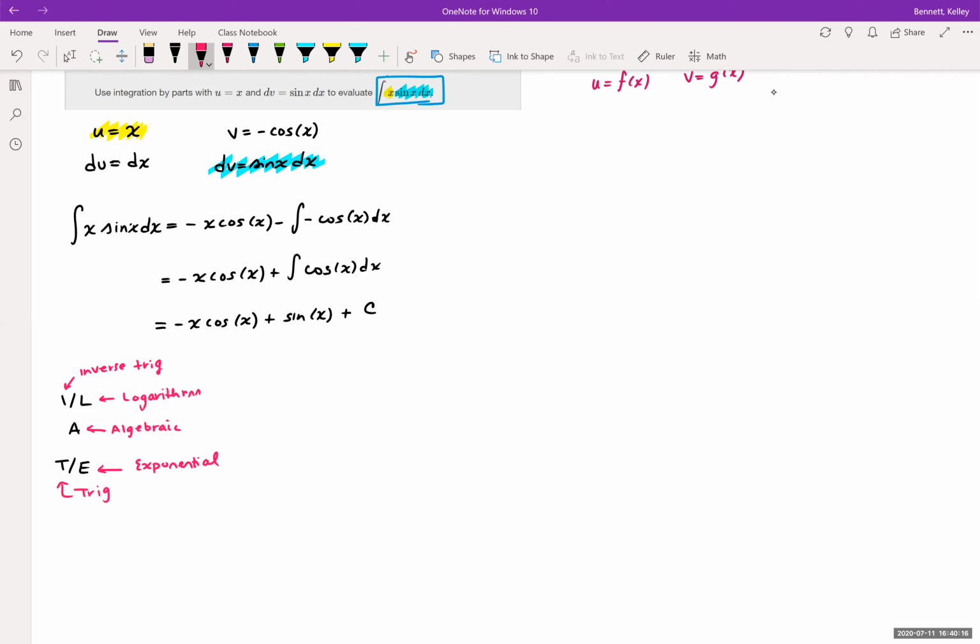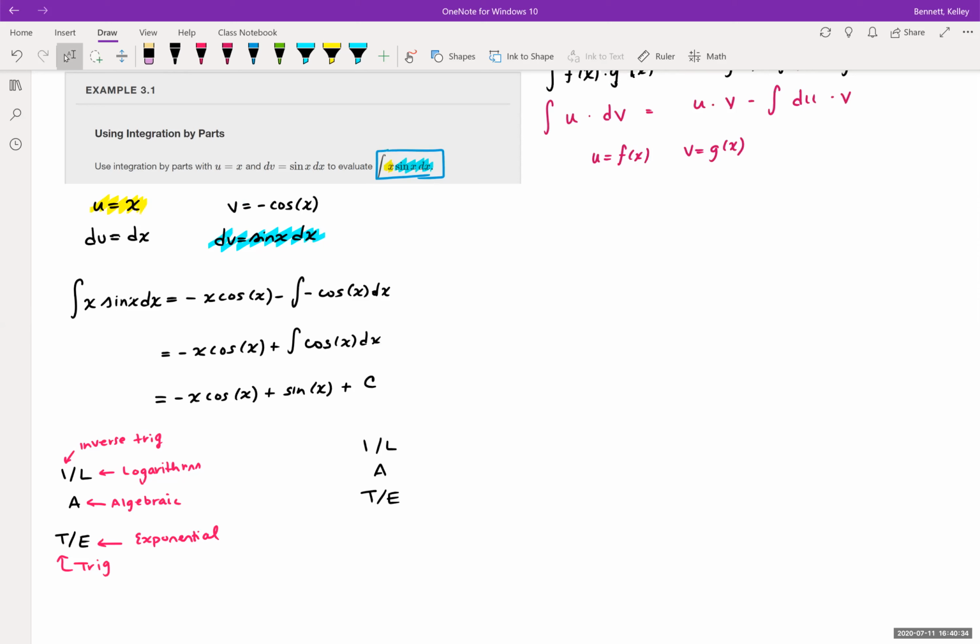But what it means when you're choosing your functions, we'll set it up for this problem specifically. You want to go through and identify. So we have two functions in our integral. We have x and we have sine of x. So sine of x is a trig function, so that goes here.